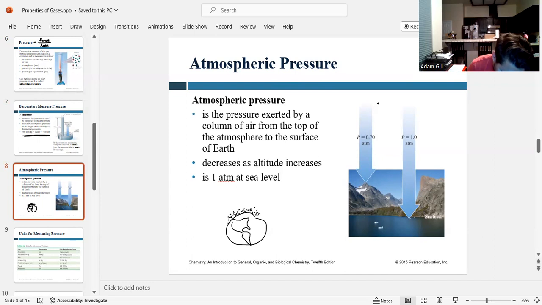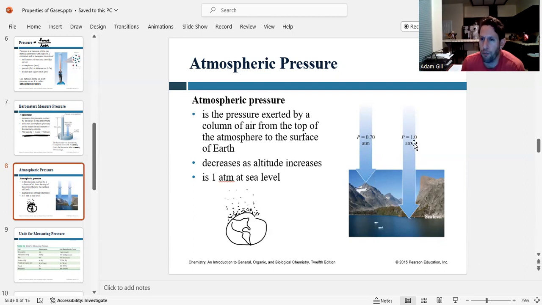But as you get higher, the air particles become further and further apart. And so there's a high density of air molecules close to the surface of the planet, and there's fewer further away from the surface of the planet. And so the air pressure is higher closer to the surface, and there's less pressure as you go closer to outer space.